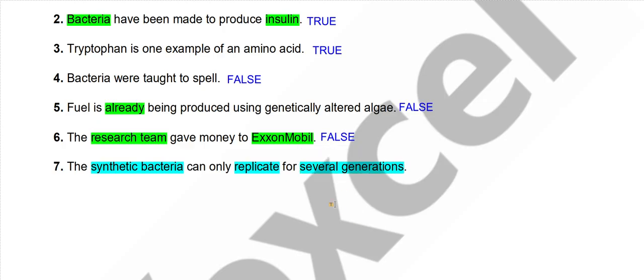The answer will be false when it is just able to replicate for one generation, or it cannot replicate at all, so we need something else to do that. And it will be not given when we don't have any information on its replication capability, or for how many generations it can replicate.